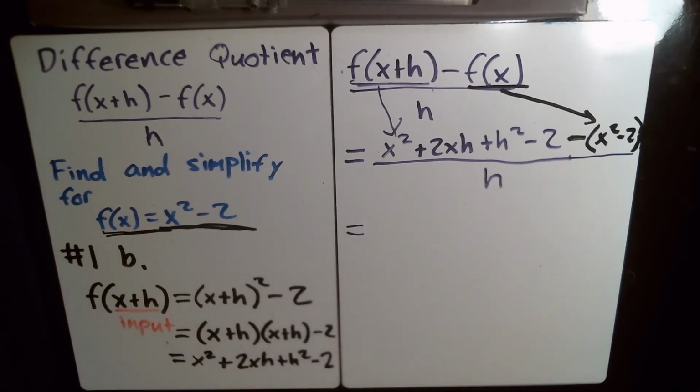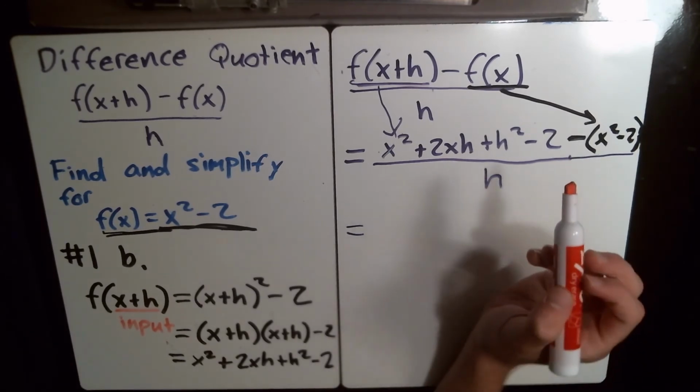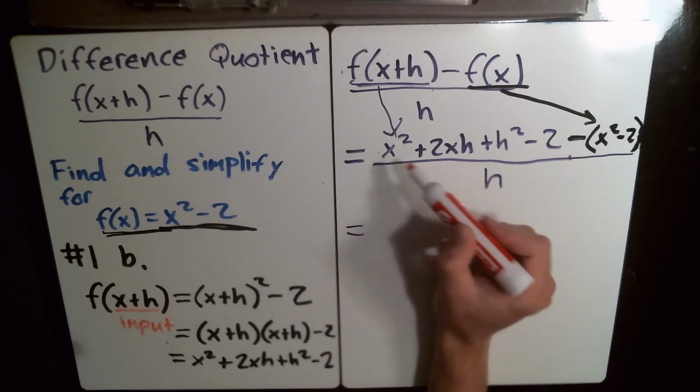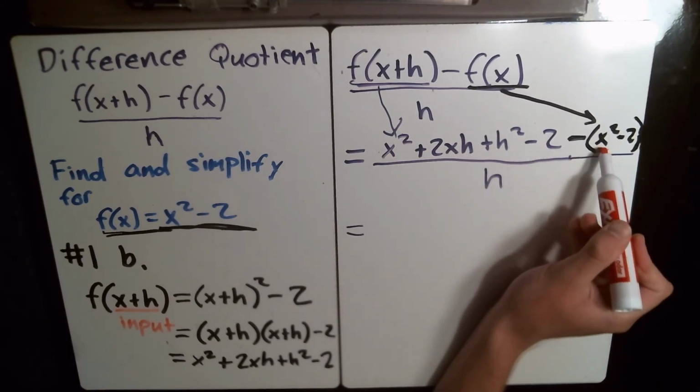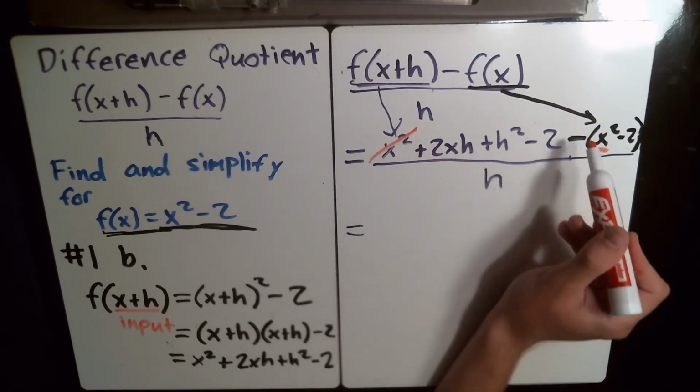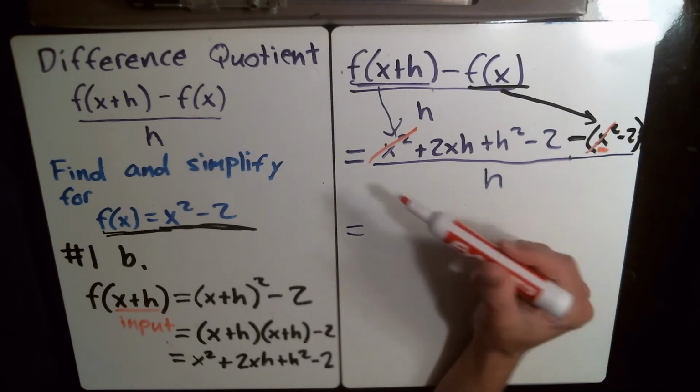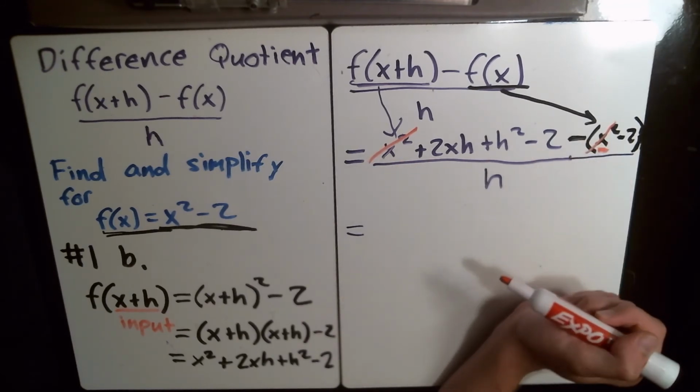So let's look at this. Is there anything that we can simplify? Well, x squared here. Is there any other x squareds? There's one right here, and I'm minusing it. So these two are going to cancel out, right? x squared minus x squared is 0.